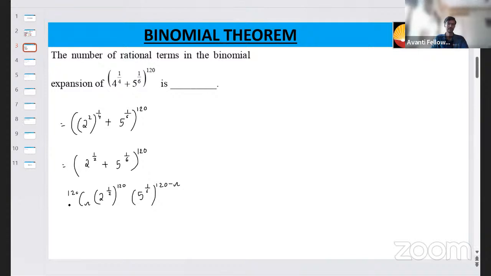So Tr, basically, let us simplify. What will we get? 120Cr 2 raised to the power 60 into 5 raised to the power (20 minus r) upon 6.